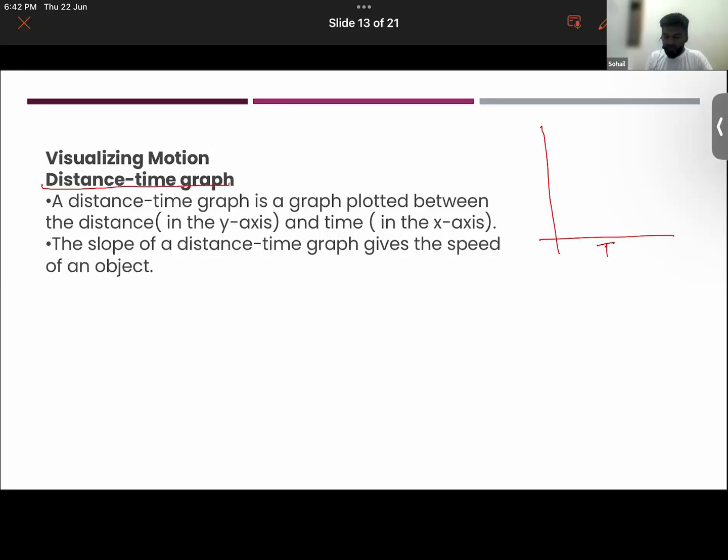Using these two values, time and distance, we were able to find the speed of the body. For uniform motion, we were obtaining a straight line. So in today's class we will study non-uniform motion.